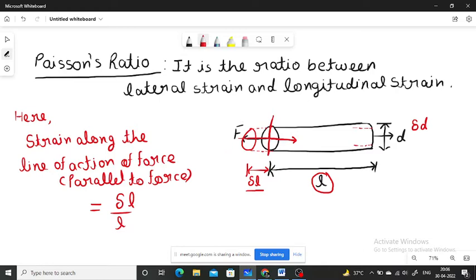Here, due to this tensile force, the length of the bar will be increased, so the strain will be positive.